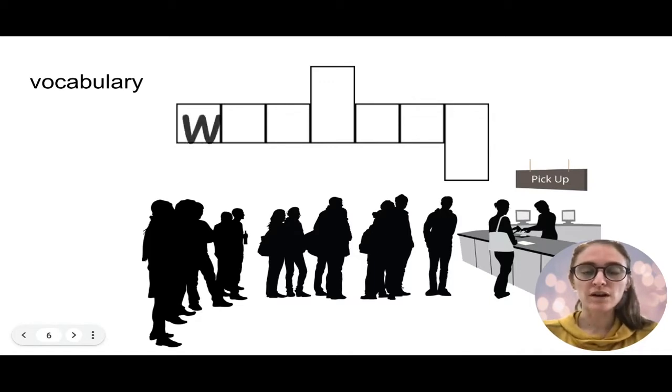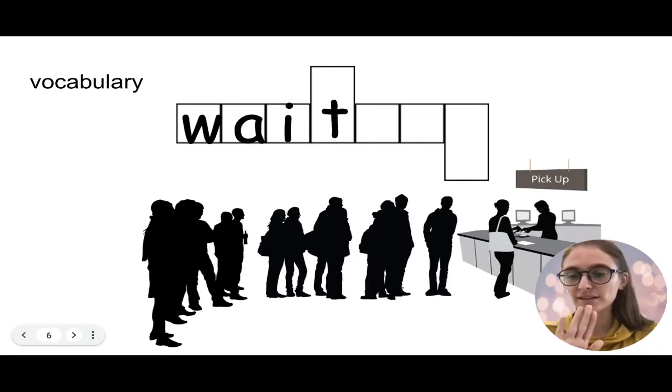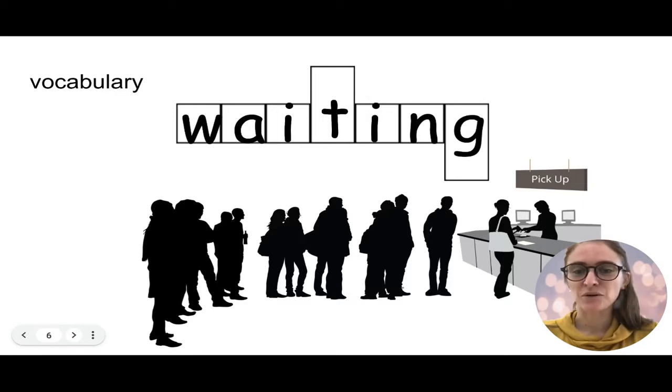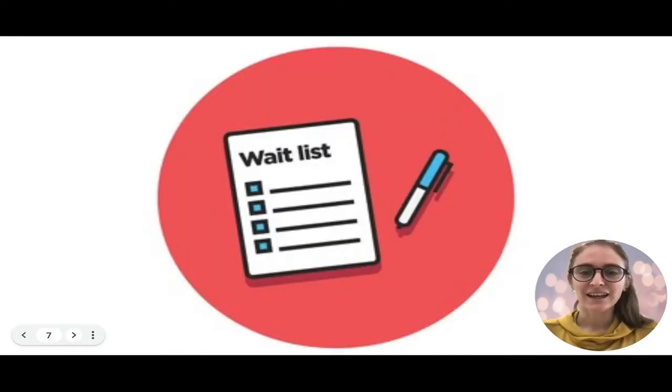So we have wait, W-A-I-T. Now wait is the verb, and then we can add ing. What are they doing? They are waiting. In class 202, you can even have a wait list.